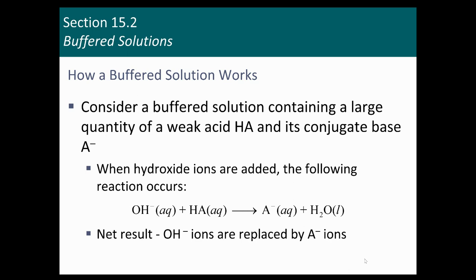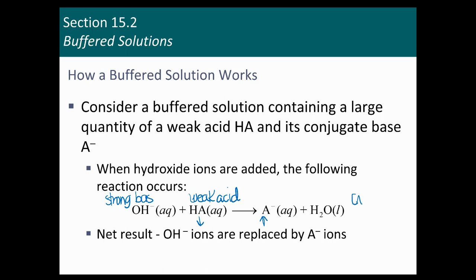Okay, so the important idea when we're talking about how buffers work is that the weak acid will neutralize strong base. And what we'll see is we increase A minus and decrease HA.